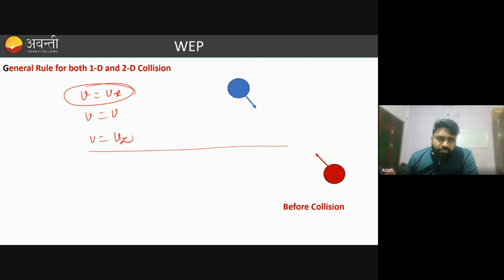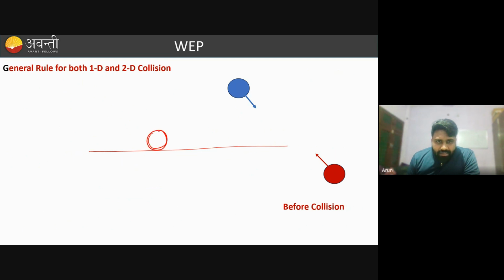So the general rule is this. Let's say these are two balls which are making contact. Initially they are moving with velocities, let's say, v and u. Whenever they make contact, there will be a common normal, and this is the common tangent.